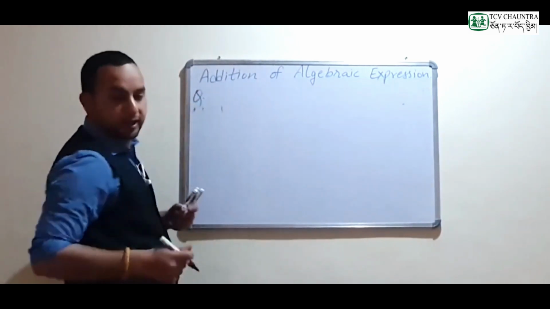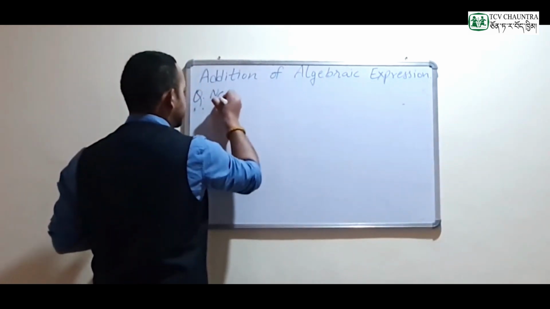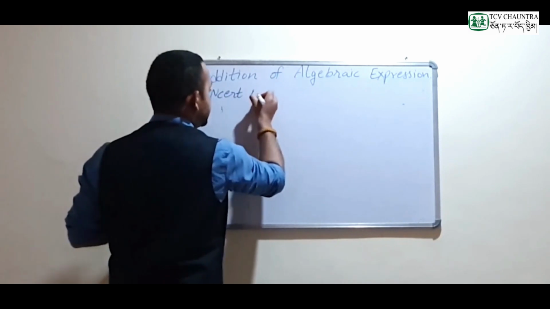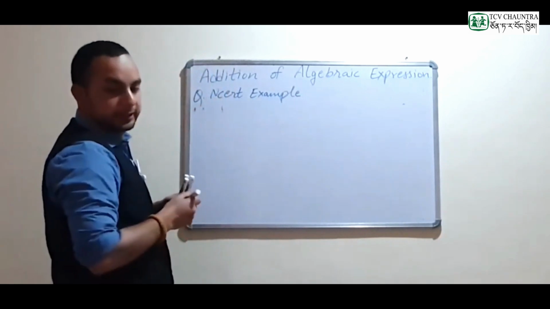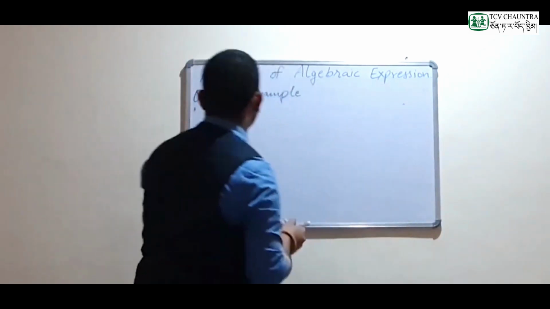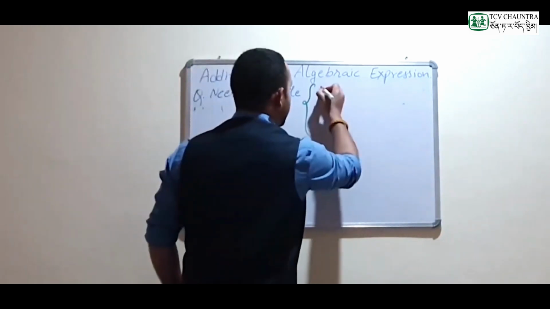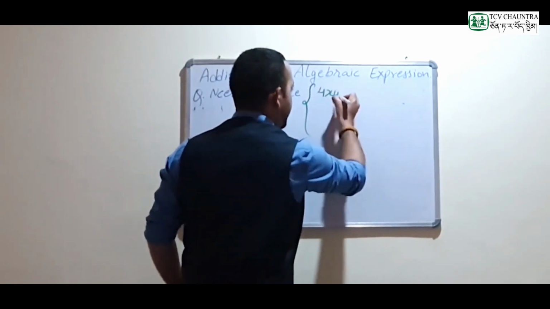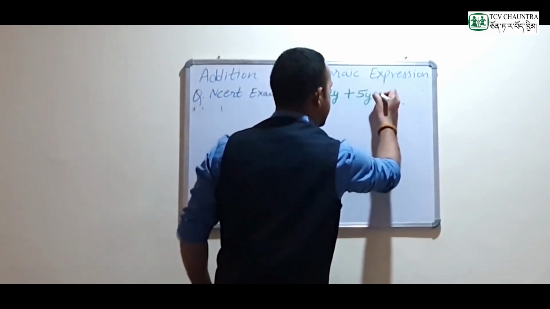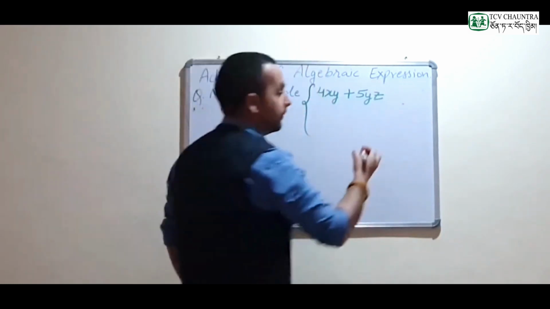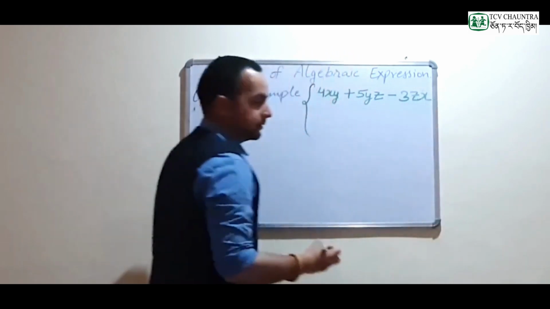For example, if I give you one question, this is your NCERT book question. NCERT example. Suppose I give you one example: 4xy plus 5yz minus 3zx.